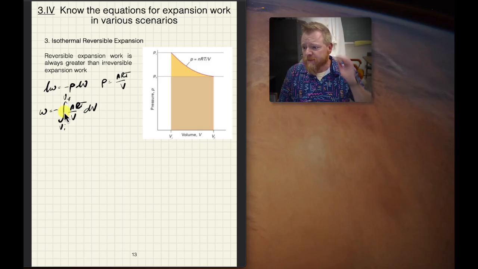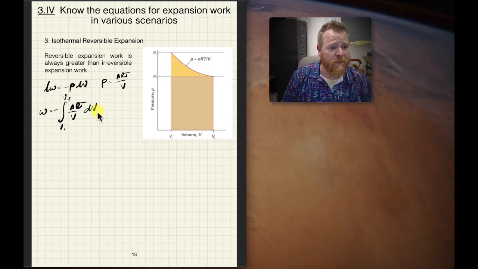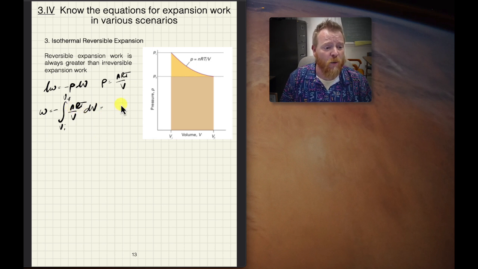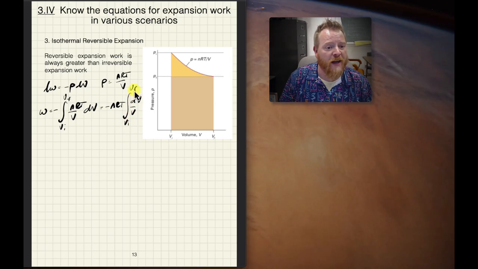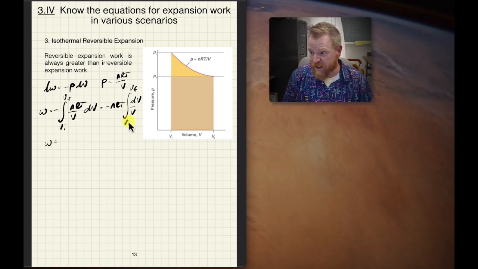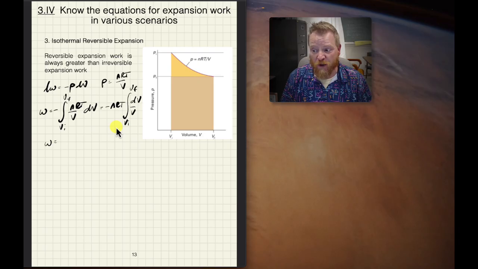Right? And now, going through this here, we can see that the nRT will be constant. So let's put that out in front, negative nRT. And now we've got the integral of dV over V from V initial to V final. And that's a pretty straightforward integral, just dV over V. That's going to give us a natural log relationship.